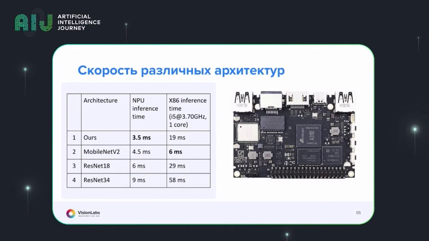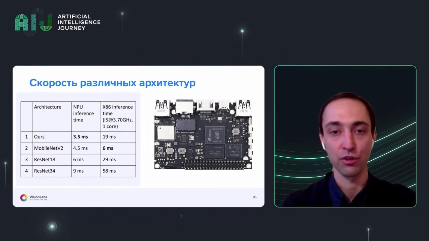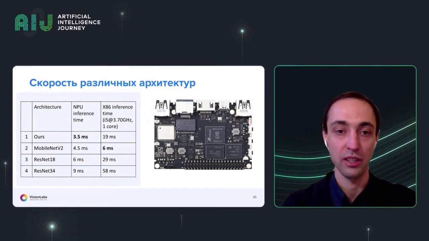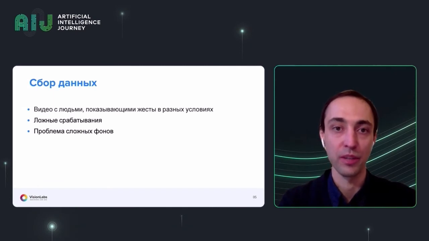So we implemented our own modification of the MobileNet V2, and we see that in our case the inference time is quite comparable, but the MobileNet is much better in terms of quality for a certain number of operations.